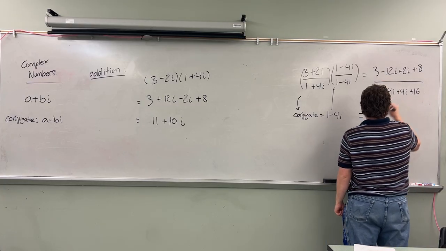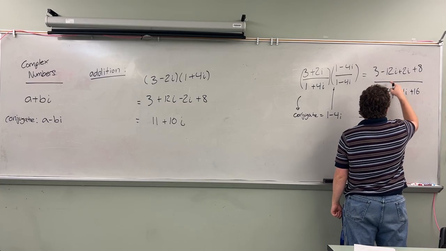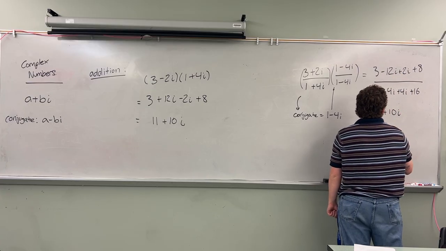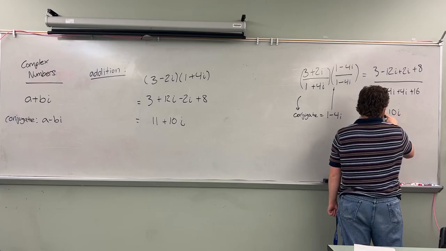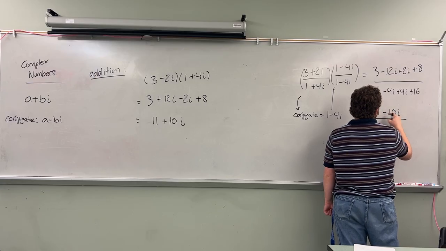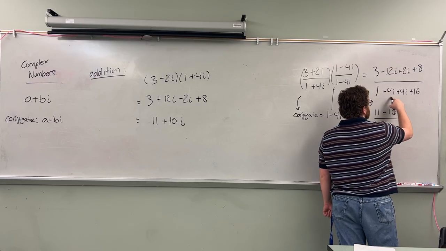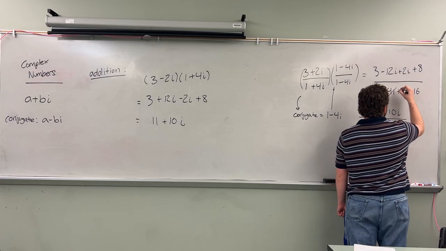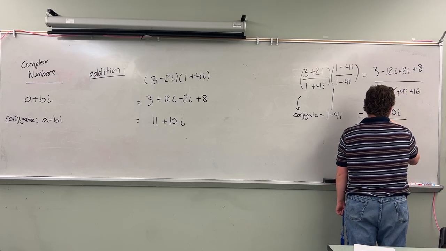Let's see, I've got 3 plus 8, which is 11. Negative 12 plus 2 is negative 10i. Oh, there's a negative there. On the bottom, I have negative 4i and 4i cancel each other. They just go to 0. And 1 plus 16 is 17.